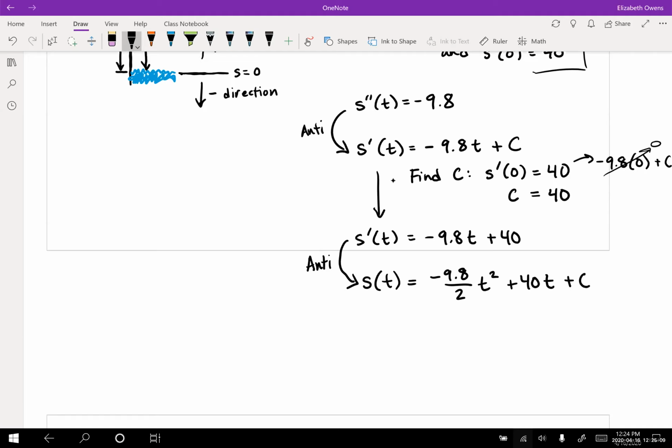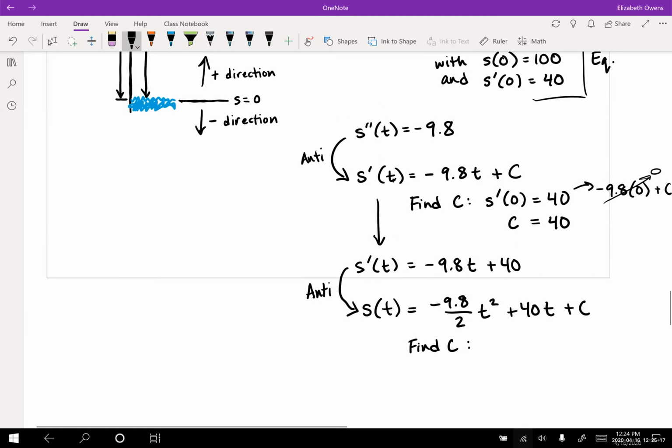Very good. And we're going to find that constant c again, using this time our other condition, s of 0 equals 100. Okay, and so you would plug in 0 for that, so negative 9.8 over 2, 0 squared plus 40 times 0.